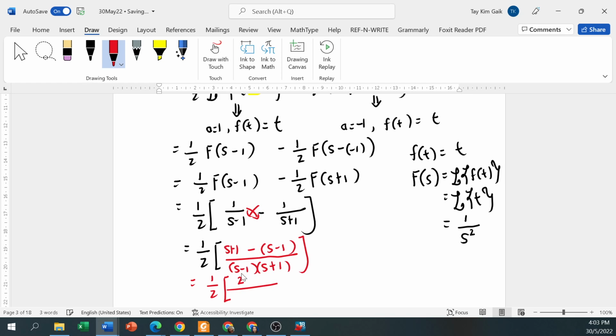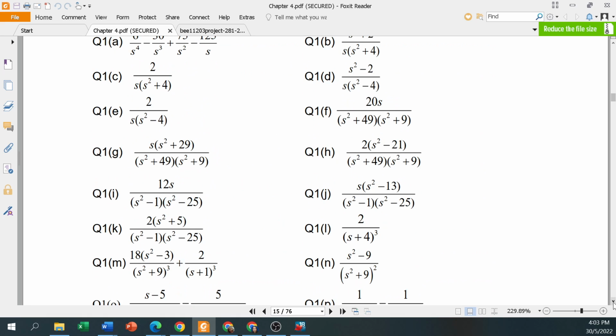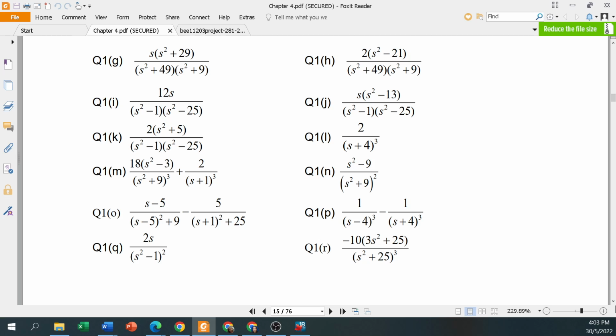So 2 over s squared minus 1. So your answer is 1 over s squared minus 1. Is it correct? Check. Just now it was t sin t. Not correct. Where's the mistake?